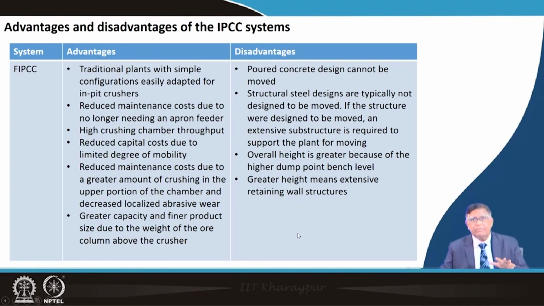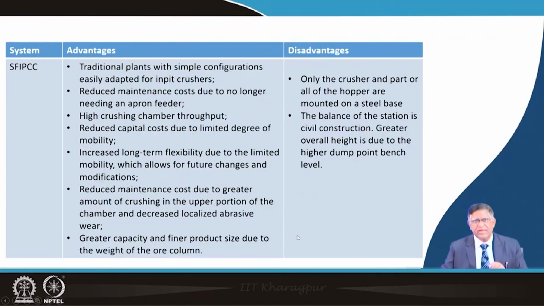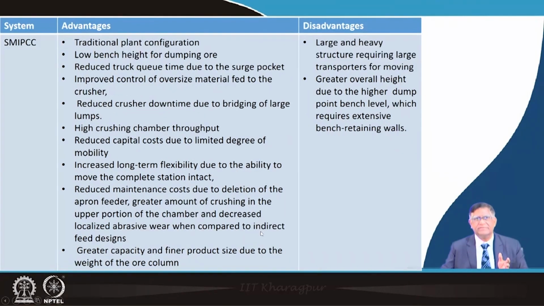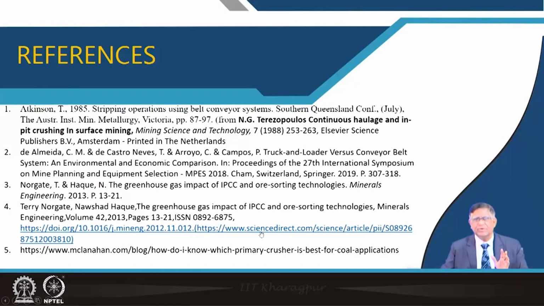So, you need to do this as an exercise: find out what the semi-fixed types are, and what their advantages and disadvantages are. Prepare your own matrix and table, and discuss amongst your friends these advantages and disadvantages. There are references you will have to go through.